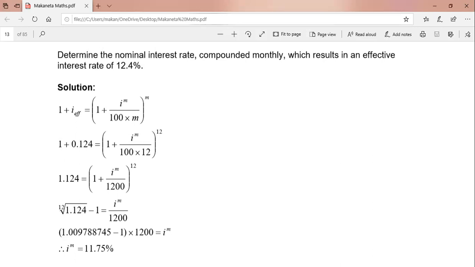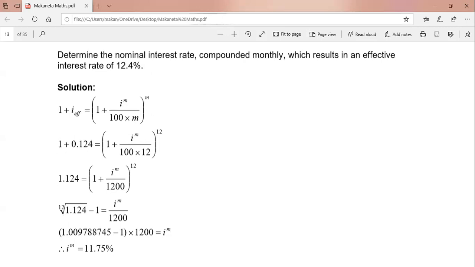And of course, this will give you 1.009788745. And you have to subtract the 1, which was transposed from the right-hand side, to get 0.009788745. So if you multiply everything by the denominator there, which is 1,200, you'll see that it will boil down to 11.75%.